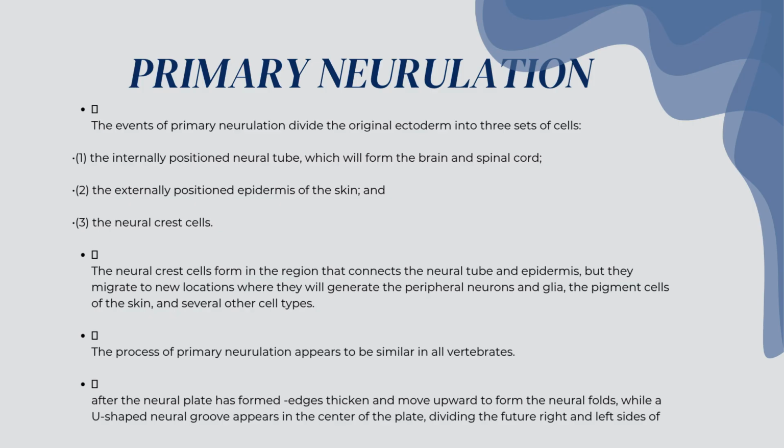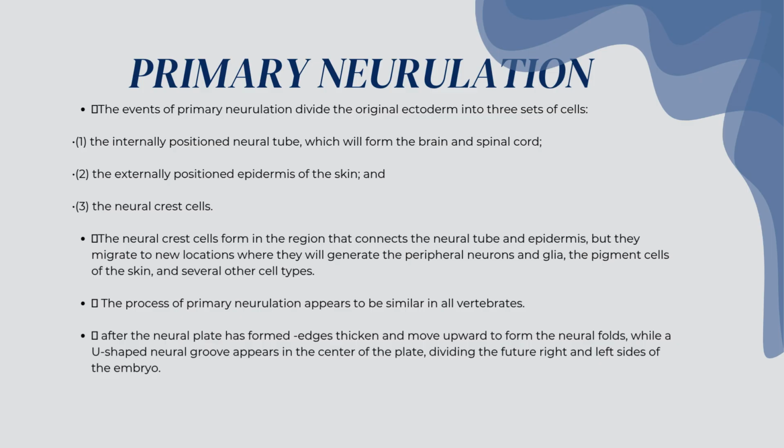Events which occur during the primary neurulation process involve the internal positioning of the neural tube, which will form the brain and spinal cord, the externally positioned epidermis of the skin, and neural crest cells. These neural crest cells form in the region that connects the neural tube and the epidermis, and they migrate to new locations where they will generate the peripheral neurons and glia, the pigment cells of the skin, and several other types.